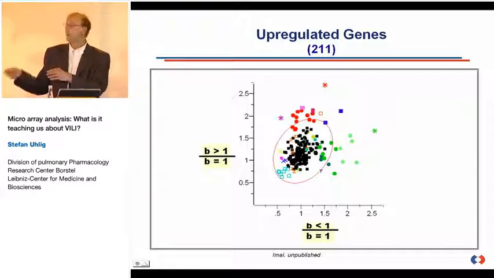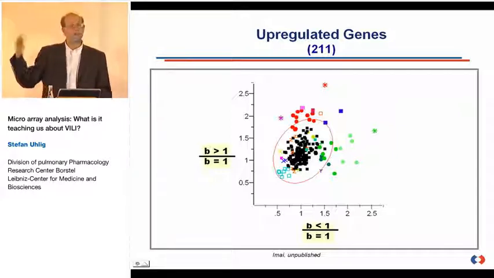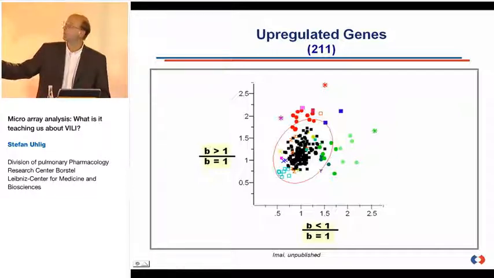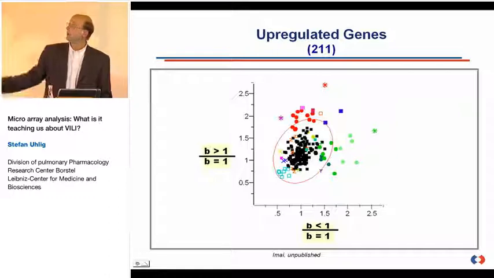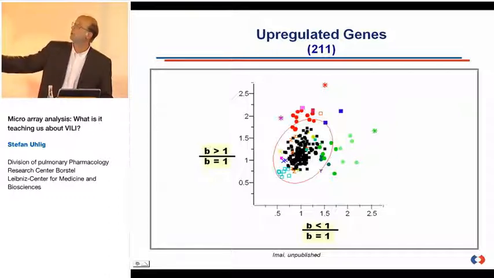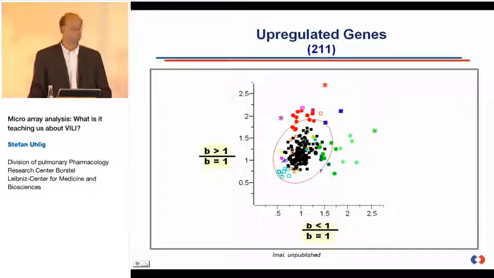Okay? So a number of these genes were already activated a lot by acid, but then were further activated by either overdistension or de-recruitment, and that is shown here. And of course, those genes that we are really interested in are those genes which are in this area, which are strongly upregulated by either de-recruitment or overdistension, or by both.